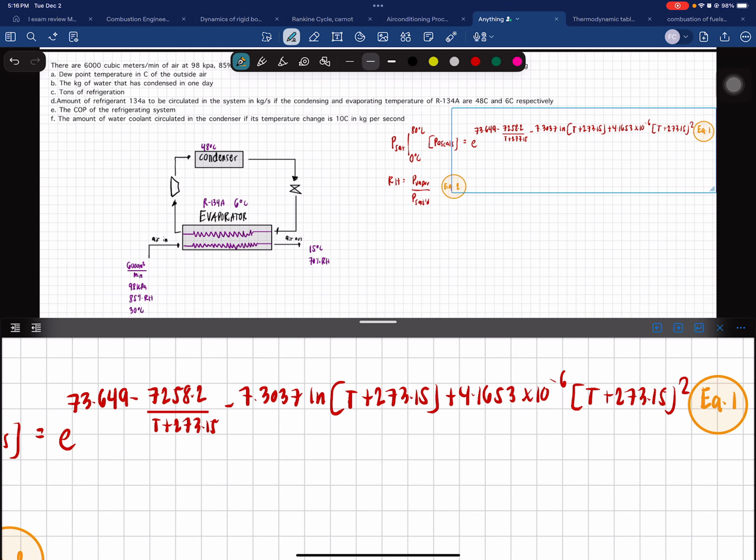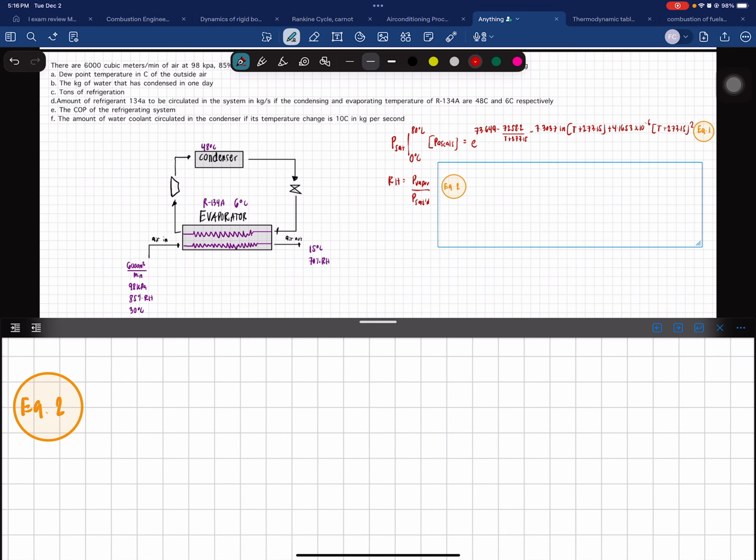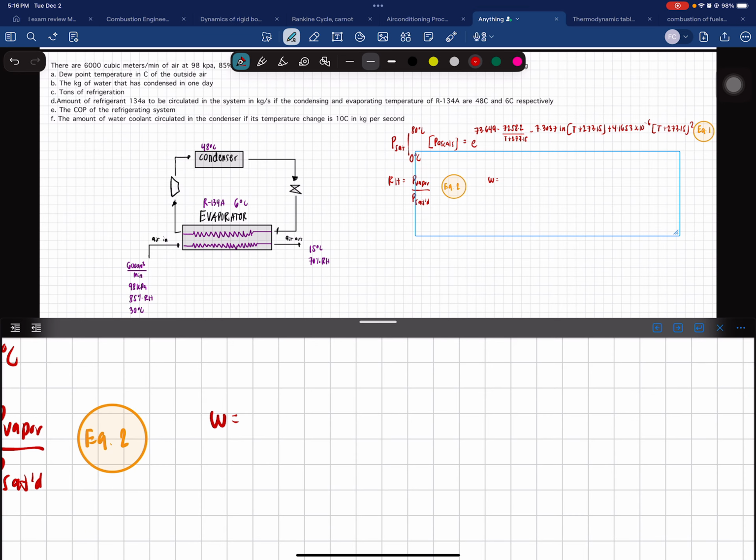What else? We need the humidity ratio, which will be assigned the nomenclature W. It's 0.622 PV over PT minus PV. This is our equation 3.